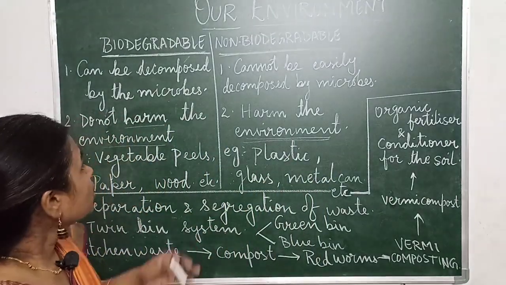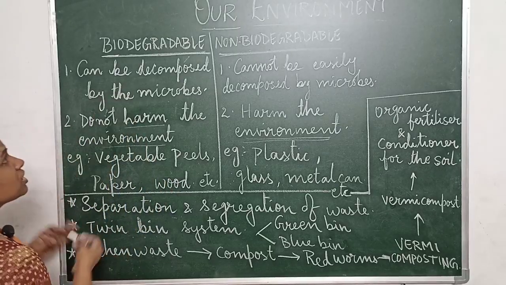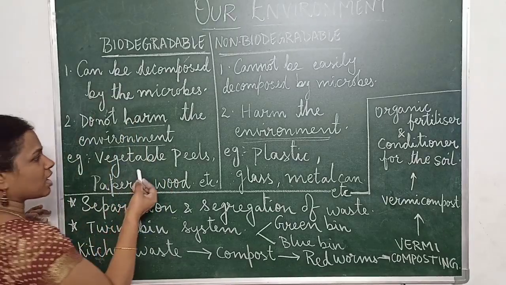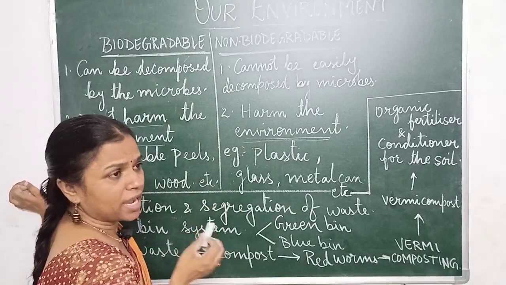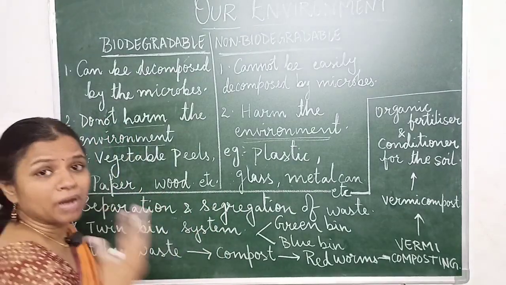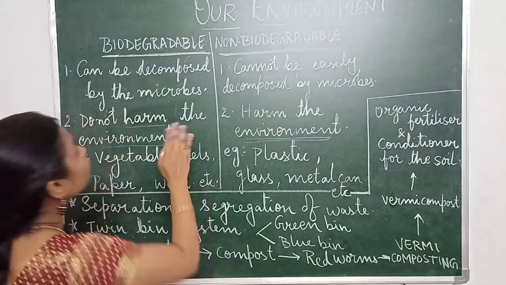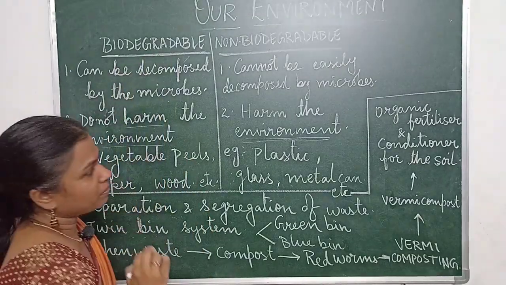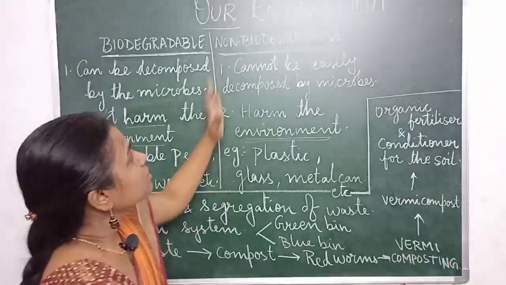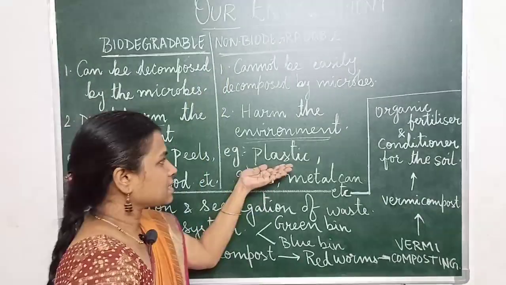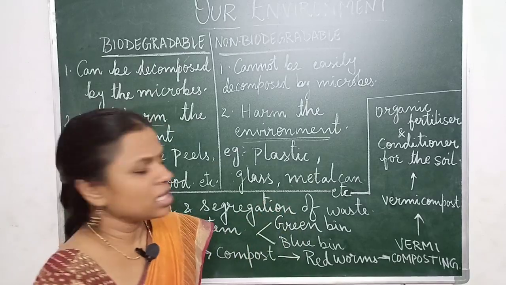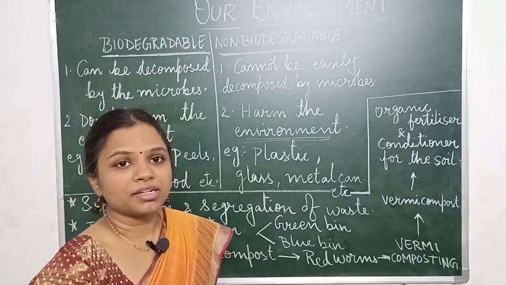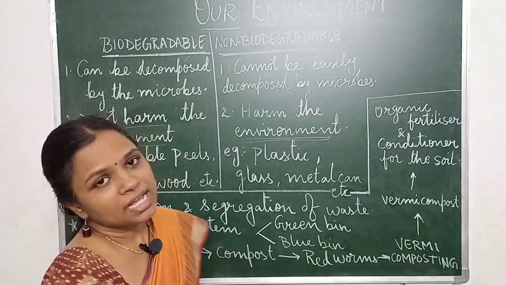So the best examples of biodegradable substances are vegetable peels, paper, cloth, wood, etc. Anything which is obtained from plants and animals is usually biodegradable. But the non-biodegradable substances are plastic, glass, metal cans, aluminium foil, etc. All these come under the non-biodegradable category.